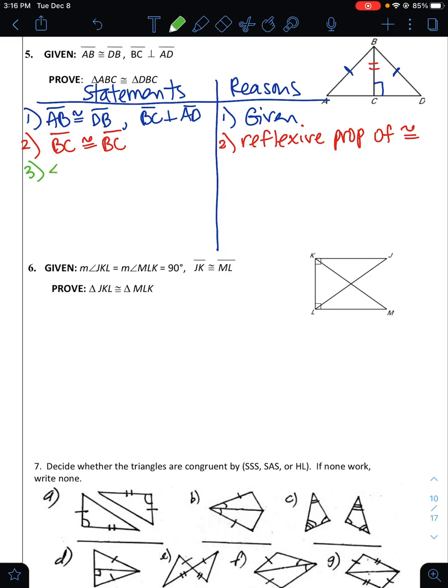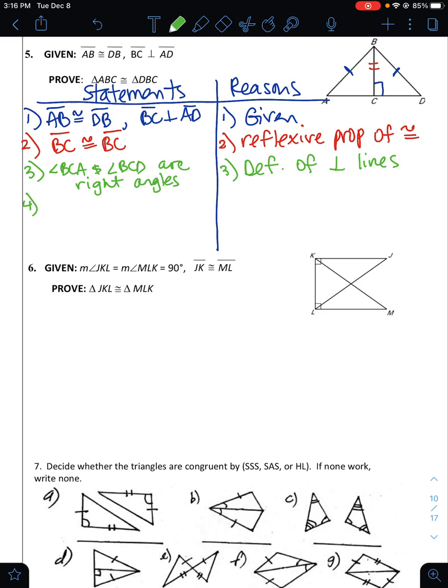So I'm going to say here that angle BCA and angle BCD are right angles. And I know that because I know the definition of perpendicular lines. So this is going to be definition of perpendicular lines.